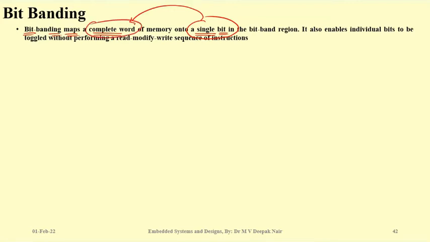Because the system is a 32-bit system, the word size is 32 bits, so one bit is mapped to 32 bits. We will see this in an example also. So this is bit banding. This is one of the biggest advantages of the RISC architecture based on ARM devices.